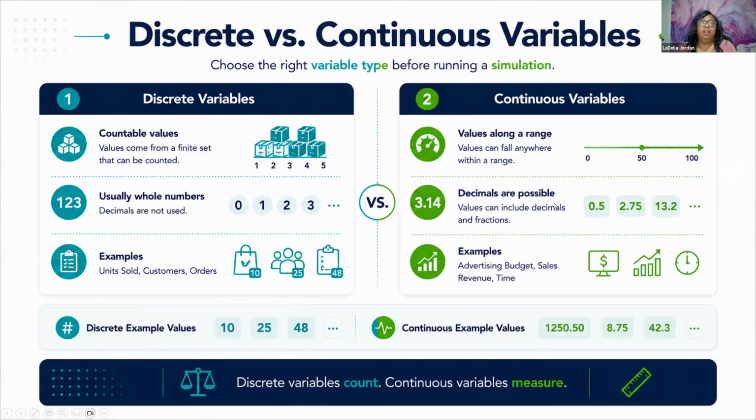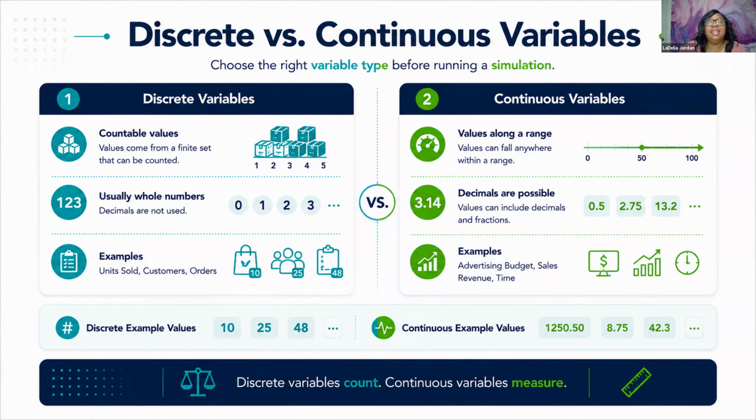Now, the variable type affects how Excel should generate simulated values. A discrete variable is countable and normally uses whole numbers. Registrations are discrete because we count people. We don't normally have 165.7 people or registrations. Now, a continuous variable can take values across a range or may include decimals.